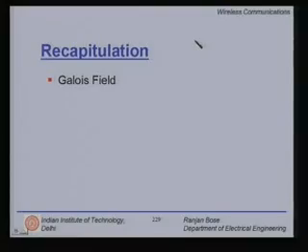So, let us recap. In the previous lectures, we have studied the Galois field, followed by an understanding of cyclic codes. What we learnt last time was that cyclic codes are a subclass of linear block codes, except that any cyclic rotation of a valid code word forms another valid code word.